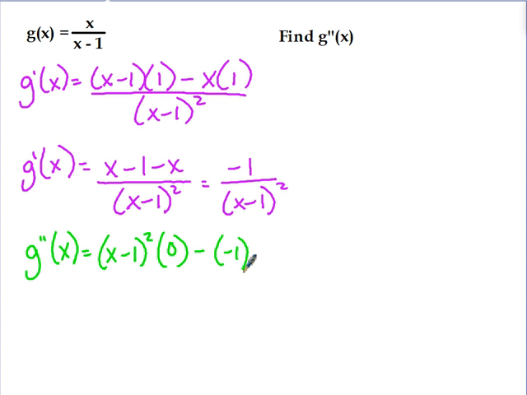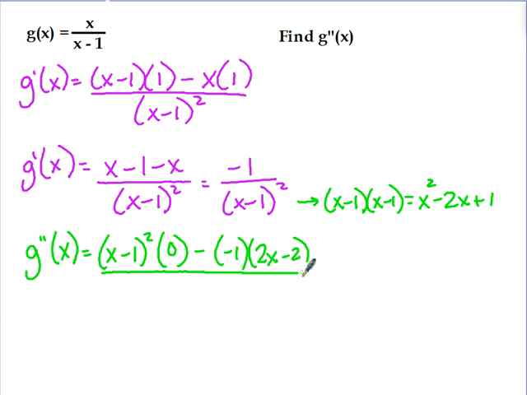Now, how do we find the derivative of this? Well, you would have to FOIL this out. So now I can see the derivative of that is 2x minus 2, all over the bottom squared. So x minus 1 squared squared.